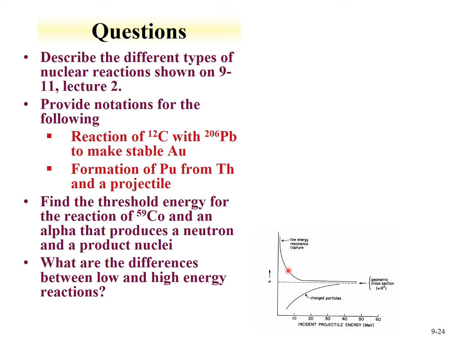The slower neutrons have a higher cross section, where for uranium-238 we only start seeing fission when a certain energy is exceeded. With charged particles, we have to overcome the Coulomb barrier. So once that Coulomb barrier is overcome, we can start seeing reactions.